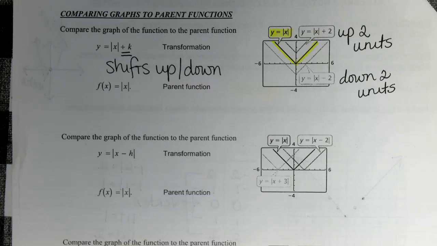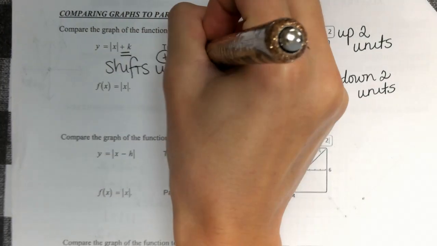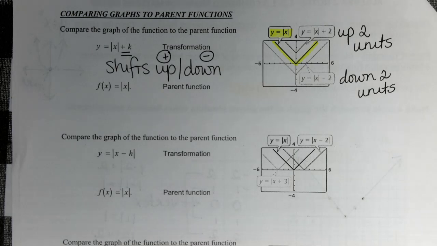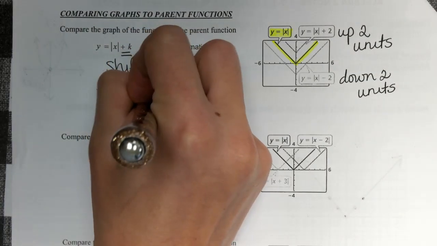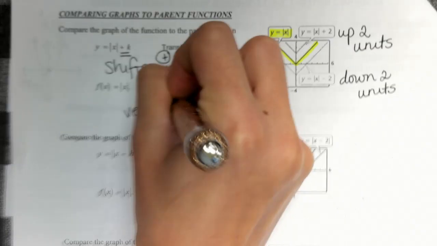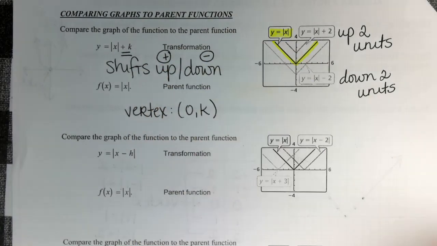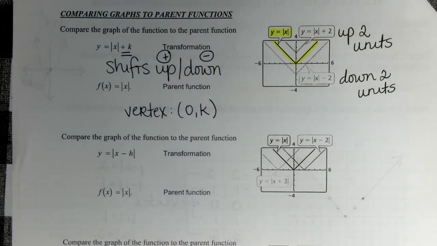Okay, your y-axis is vertical, it only goes up and down. So if you have something added on, you're either going up if it's positive or you're going down if it's negative. Okay, so because you're going up and down, your new vertex would be (0, k). I didn't shift left and right, so it doesn't affect the x value of my vertex. I only shifted up or down.